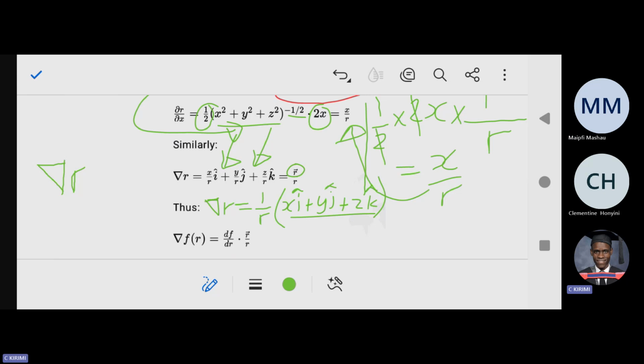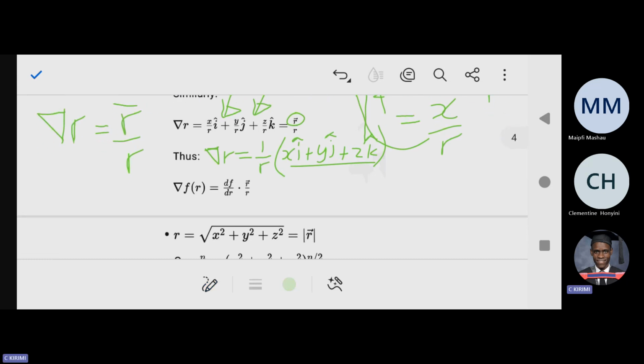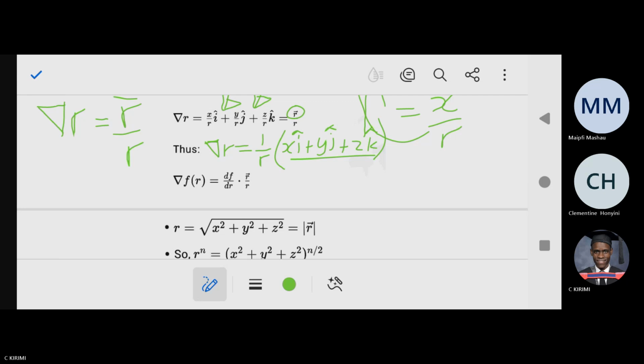We found that the gradient of r is equal to the vector r over r. The question itself is asking for the gradient of r to the power n. Can you see now?